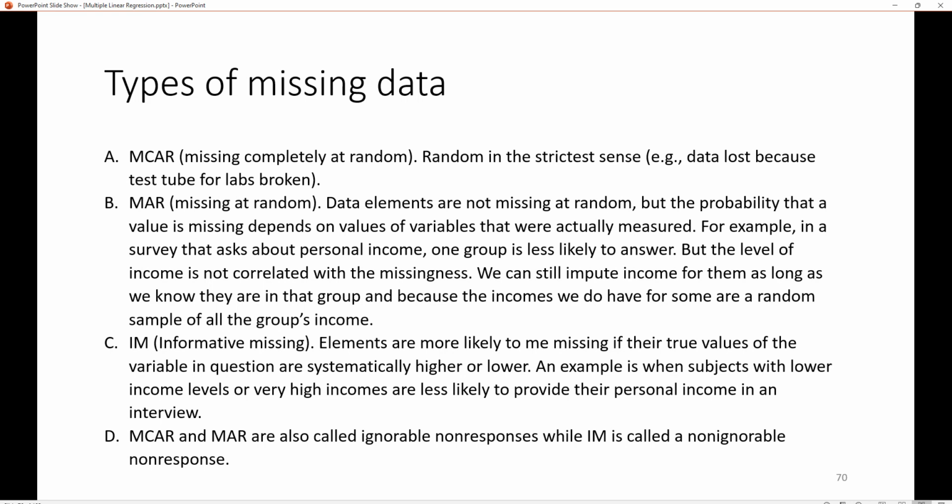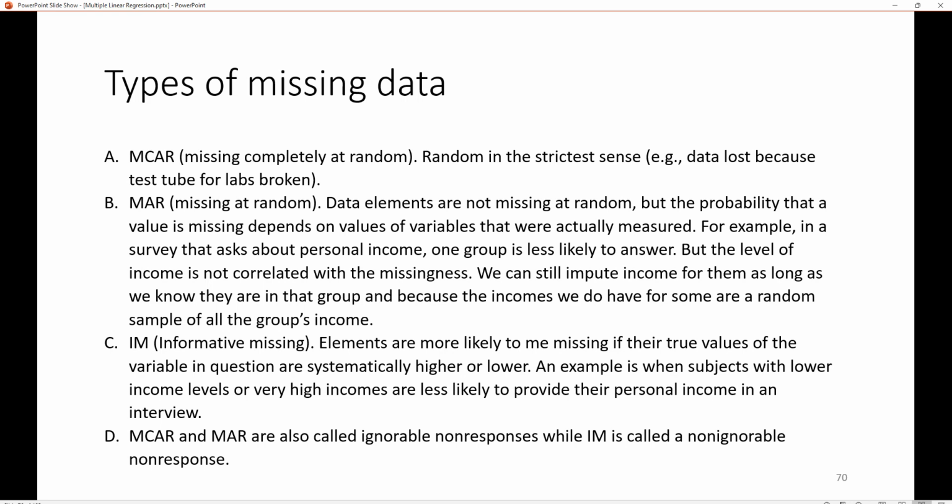So as we go to each level, we're going to see that there's a certain pattern that contributes to missingness. For A, missing completely at random, that's just an accident that might happen, or some completely random explanation of why we have missing data.